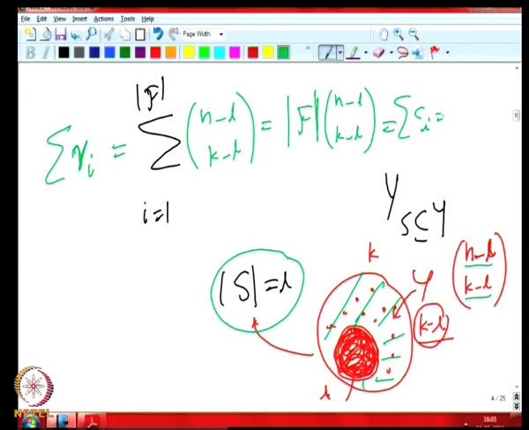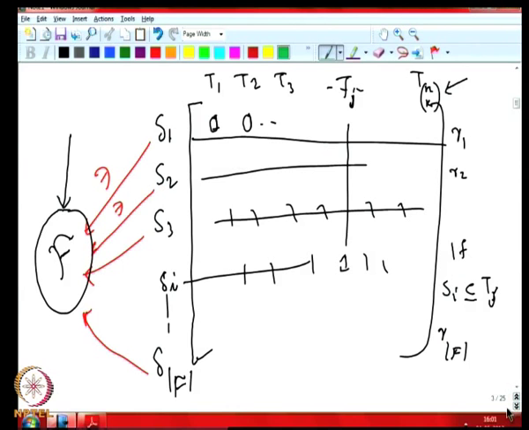And what is that? The column sum says, you pick up a particular K element subset, how many L element subsets are there inside it? I mean, how many L element subsets does it contain from this F? That is difficult to know.